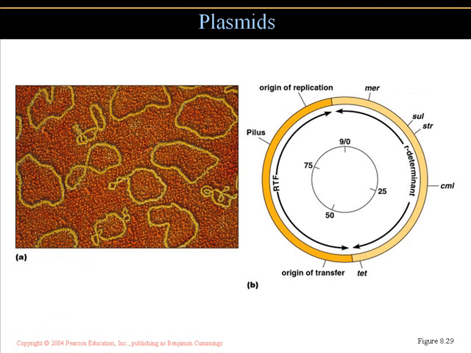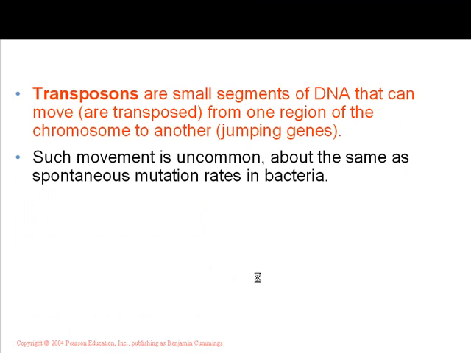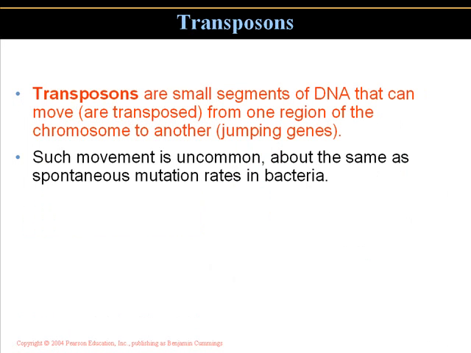This is an illustration out of your book, and also an electron micrograph, of plasmids, these circular DNA structures. Transposons are small segments of DNA that can move. They are transposed from one region of the chromosome to another. They are sometimes referred to as jumping genes.